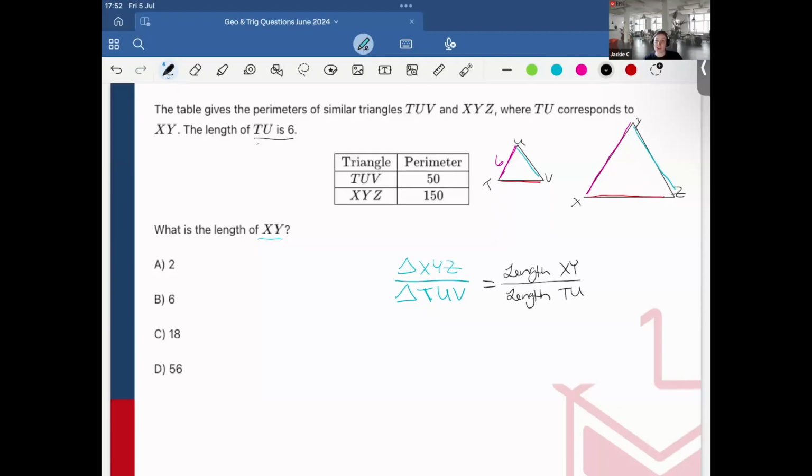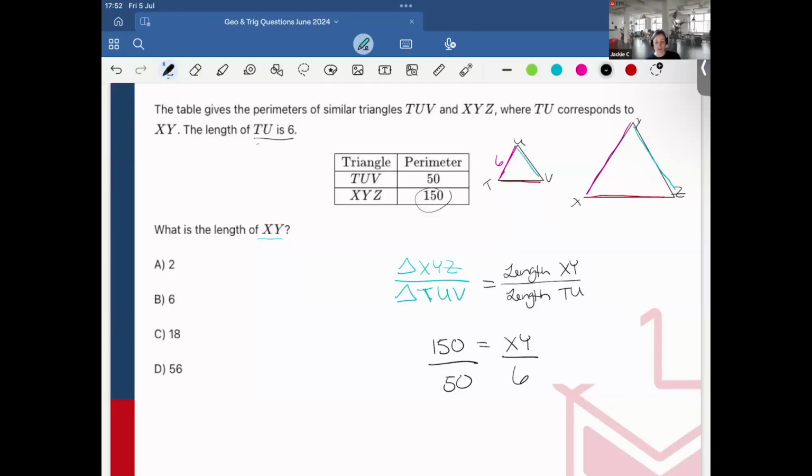And now I just need to substitute all the values that they've given us. So I know XYZ, it's 150. XY is what I'm solving for. TUV, it's 50. And I also was given that TU is 6.